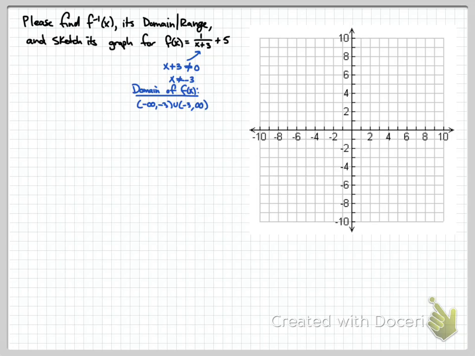All right, now the range is a little bit tougher. For me, I sometimes like to think about it algebraically. I'm looking at this fraction right here, 1 over x plus 3. And I'm thinking, no matter what my input is, I'm always going to get something that's not 0 here. And when that's the case, it means this whole fraction can never be 0. A fraction is only 0 when its numerator is 0.